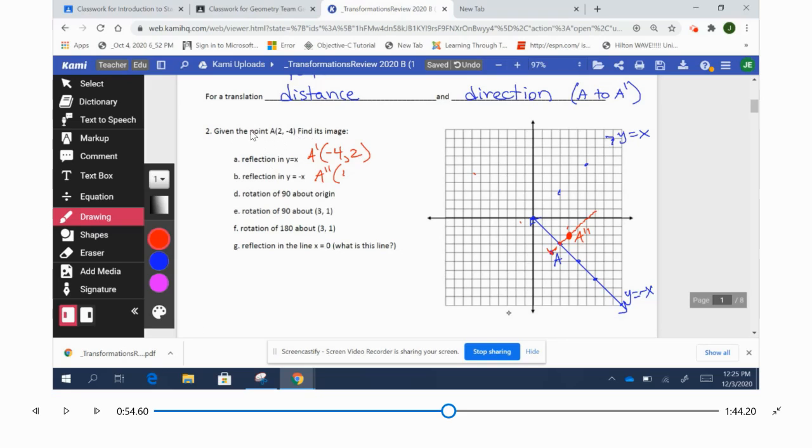If you noticed, some of you might have gone from A to A prime, which was over here, and then from A prime reflected over the y equals -x line. I didn't. I went back to the original each time. If you did continue, you'd be in a different location, and that's all right. It really wasn't clear in the directions.